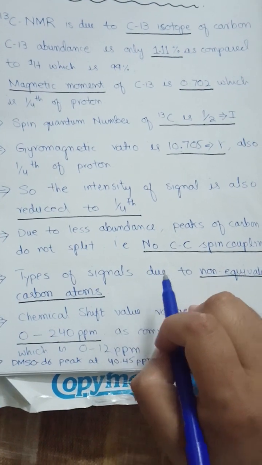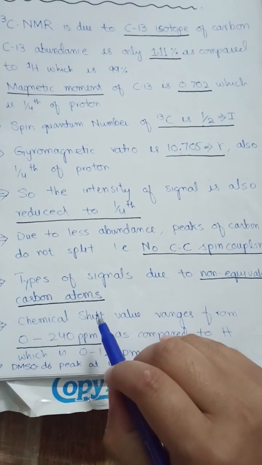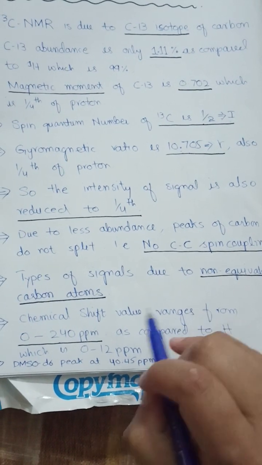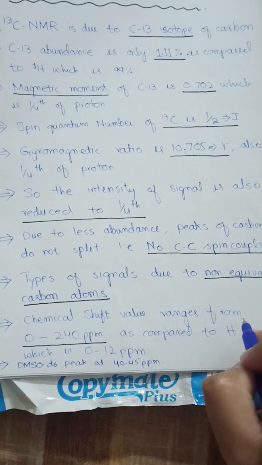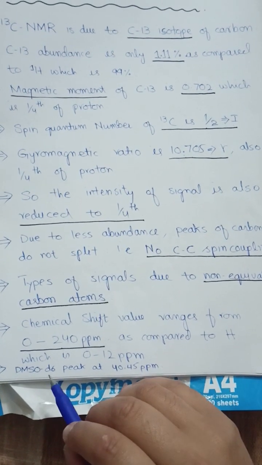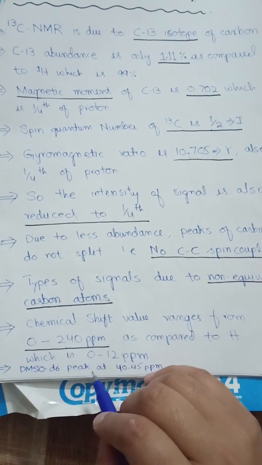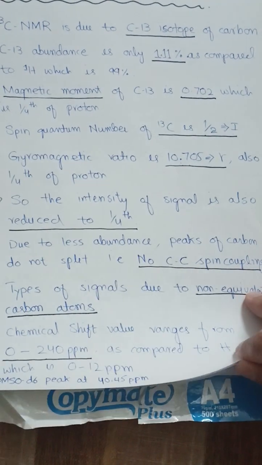We get signals due to non-equivalent carbon atoms, and the chemical shift value ranges from 0 to 240 ppm as compared to proton, where we take 0 to 12 ppm, and the DMSO D6 peak will be at 40.45 ppm in carbon NMR.